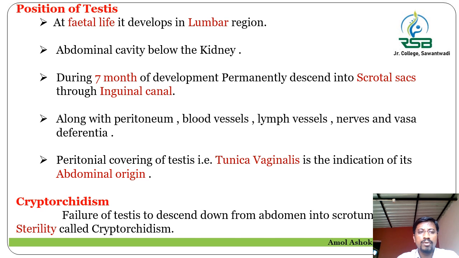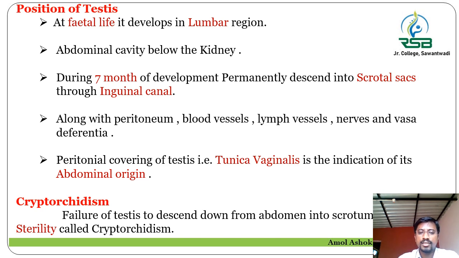So these are some features related to the internal structures and the position of the testis, and one more point is cryptorchidism, where the testis position is not proper, leading to sterility. That male is not able to carry out the fertilization mechanism.